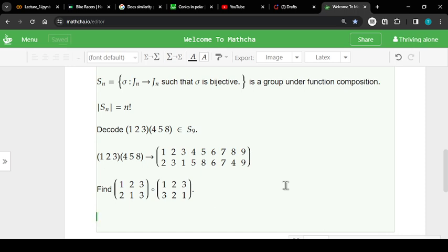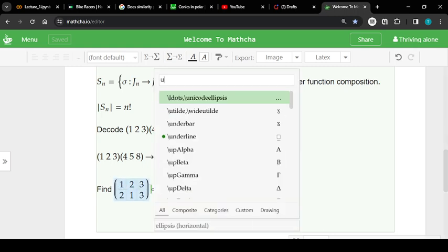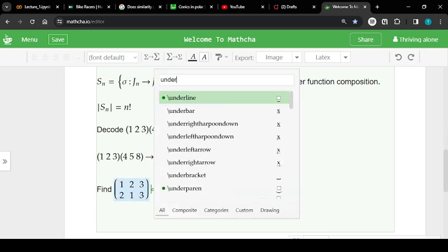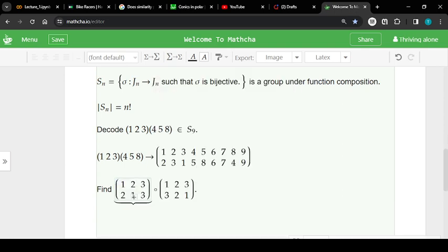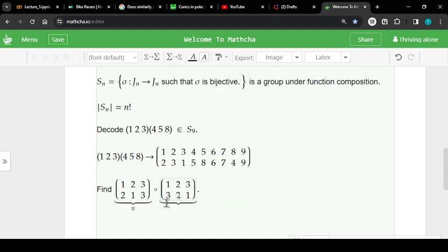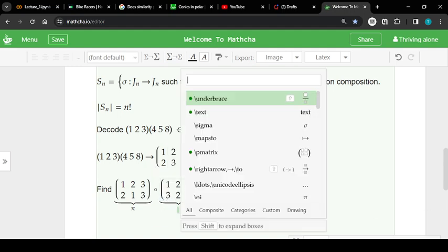As you know, you have to think in terms of functions. Suppose the symbol represented by this is pi, and the function represented by this is sigma.